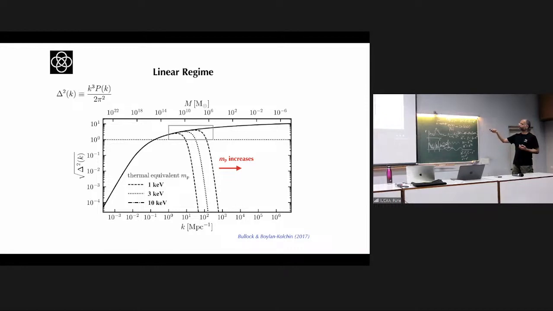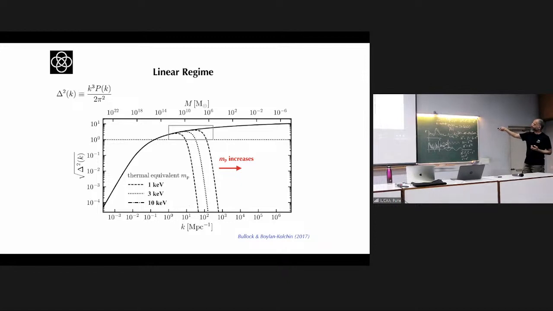For example, warm dark matter particle models, where the mass of the dark matter particle corresponds to 1 keV or 10 keV, etc. And in the standard models that one is used to thinking about, cold dark matter, the particle mass is more like 100 GeV. So that 100 GeV will have a turnaround also, but that turnaround will happen very, very late. Here you can see on top, instead of an inverse length, they have converted it into a mass scale by saying how much mass will be enclosed in that length in a mean density universe.